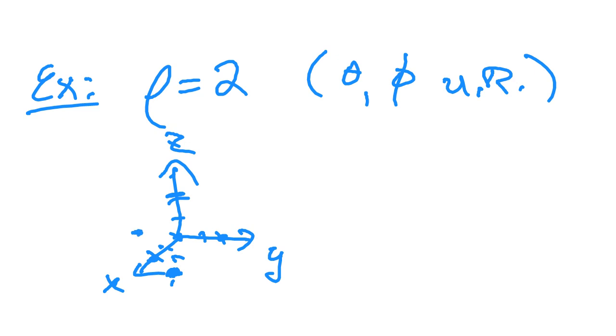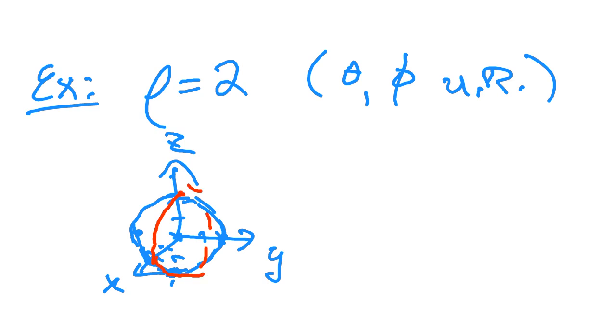Well, what does this make? If I let x be 0, I have a vertical circle in the YZ plane. If I let y be 0, I have a vertical circle coming out of the board that goes down and then back.